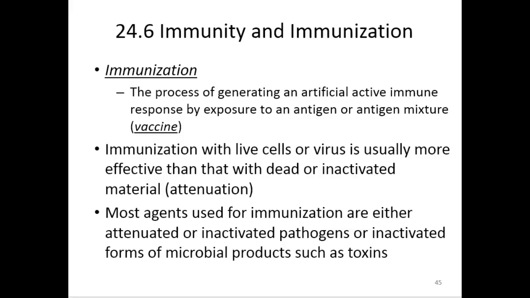We're back. So this whole idea of immunization is where we're generating the artificial active immune response by exposure to antigen or antigen mixtures in the form of vaccine. And if you use live virus or live cells, you usually get a more effective response because you get more effective antigen presentation, especially for viruses where you need to stimulate your somatic cells to present antigen to cytotoxic T cells.